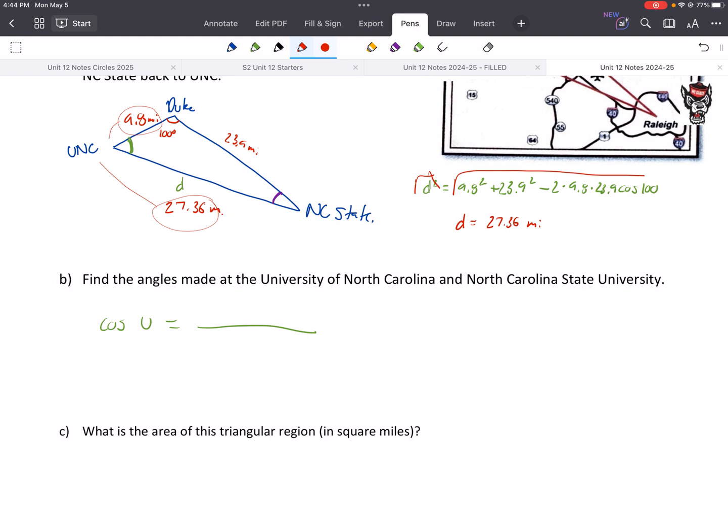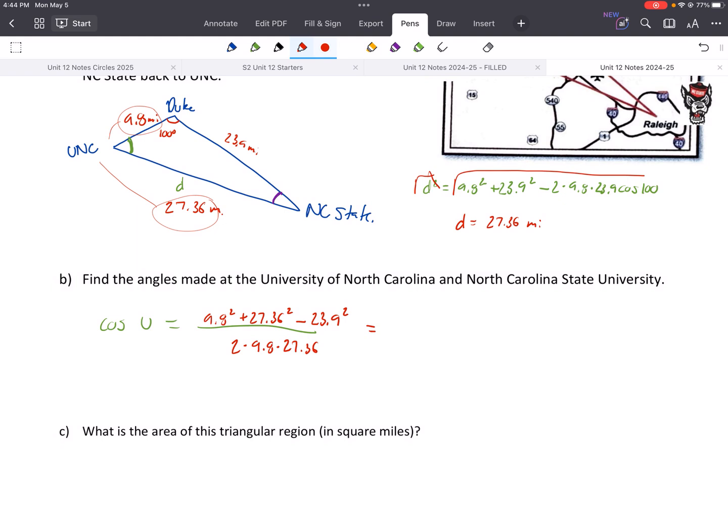So we'll do 9.8 squared plus 27.36 squared, and then we want to subtract what's across from it, so 23.9 squared, all over 2 times those sides that are touching angle U. So 9.8 times 27.36.